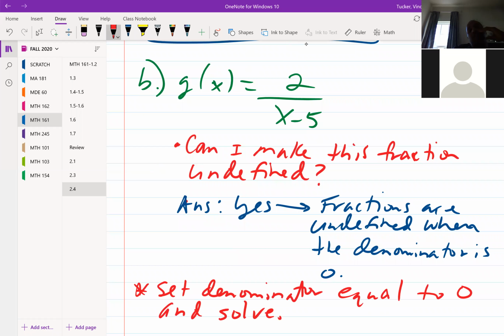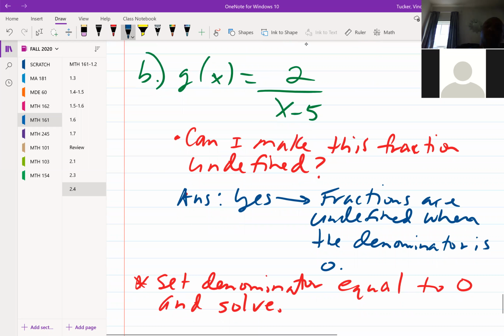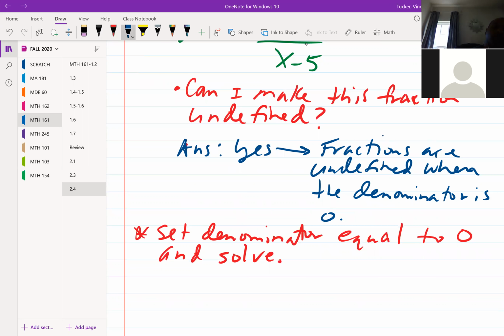So since that's the case, I'll set my denominator equal to 0 and solve. All right, x minus 5 equals 0. Add 5 to both sides. 5's cancel.